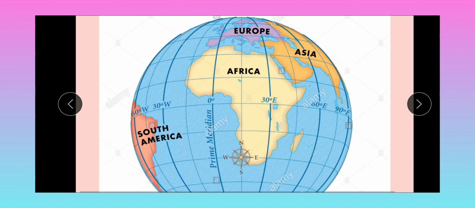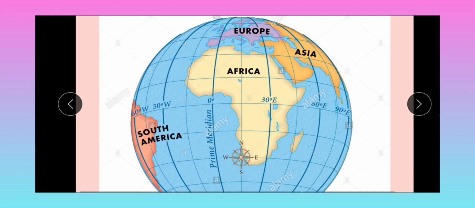Here is Asia. Asia lies between the 30 degree east longitude and the 90 degree east longitude.